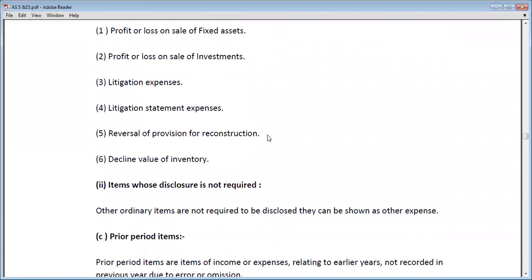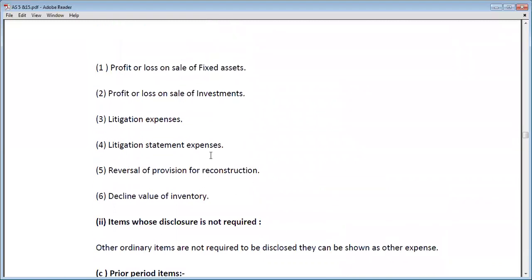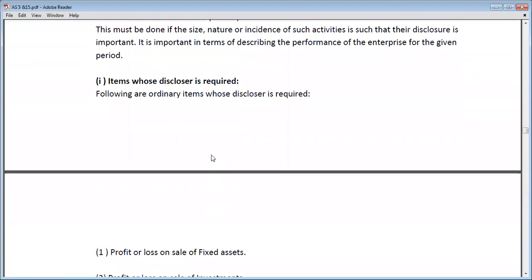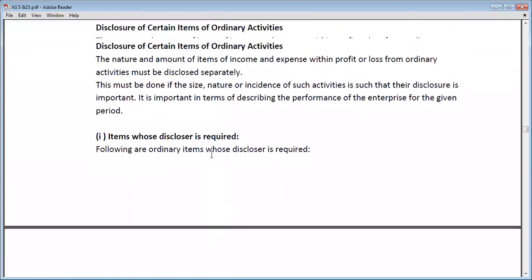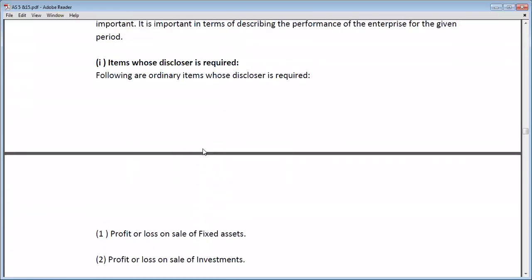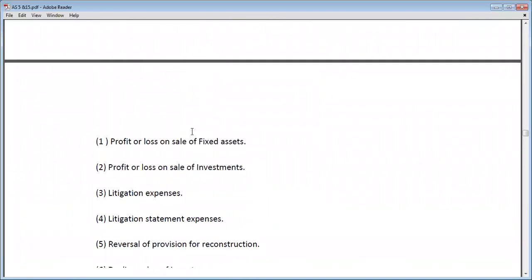Reversal of provision for restructuring. Decline in value of inventory. So these six are your important ordinary items which you are required to disclose. तो ये 6 आइटम्स ऐसे हैं जिनका डिस्क्लोजर यानी आपको अपने बुक्स ऑफ अकाउंट में मेंटेन करना जरूरी है. आपके P&L में मेंटेन करना, डिस्क्लोज करना मैंडेटरी है.